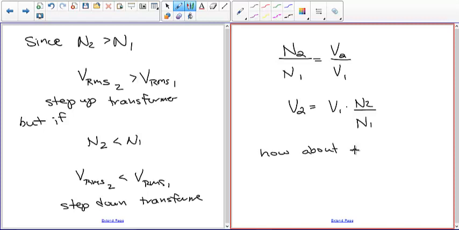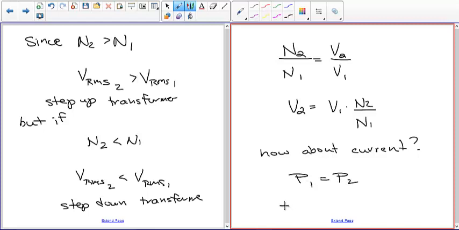there's also a question of how much current you are going to generate in the different loops. It turns out you don't have the same current in each loop. And in an ideal transformer, the power in the primary loop equals the power in the secondary loop.